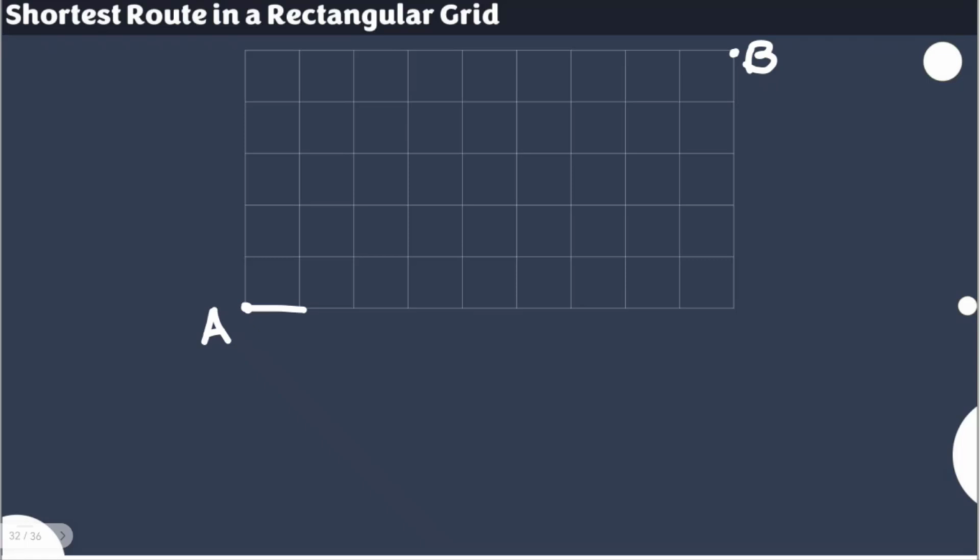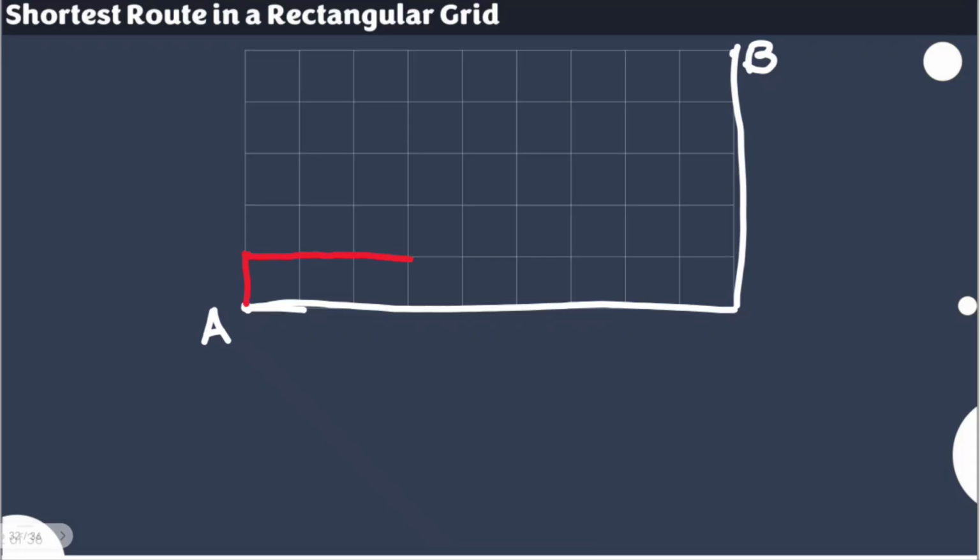Let's say you're moving here, and then you're moving up. That is actually one of the shortest routes. Yes, it may look like the route is very long, but that is actually one of the shortest routes that one can take. Another is, say for example, if you're going to pass through this street, moving here, move up, move there, move up here and there, that is also one of the shortest routes.